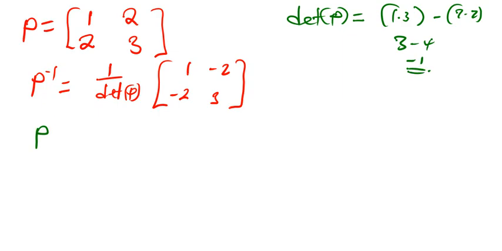So this becomes 1 over negative 1, which is basically just negative 1.